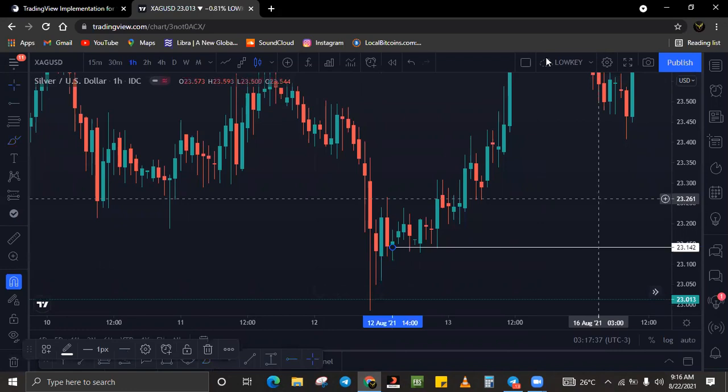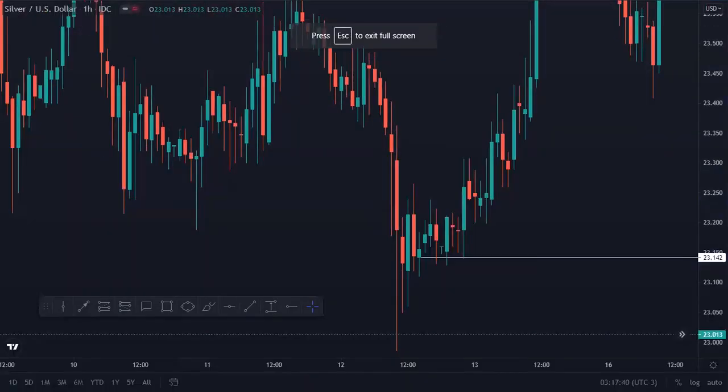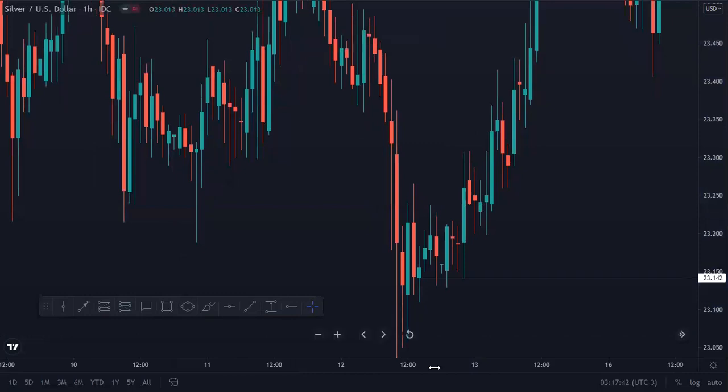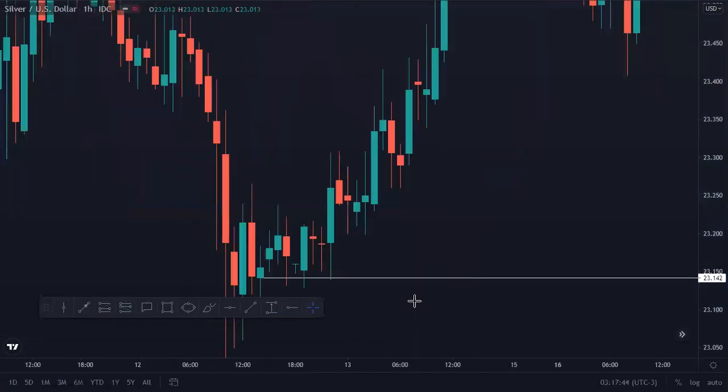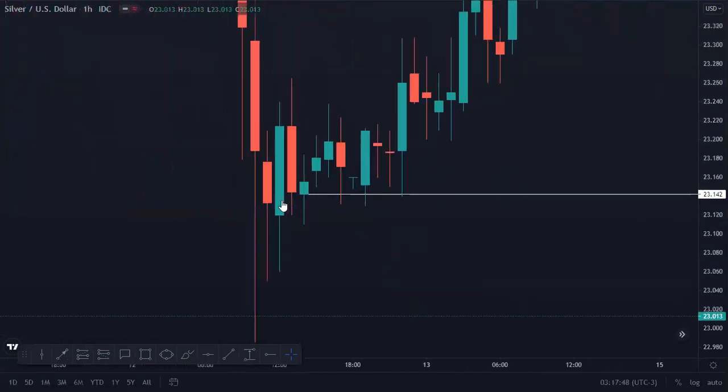Have you got this example straight? The place where price came to retest this structure with this candlestick right here.